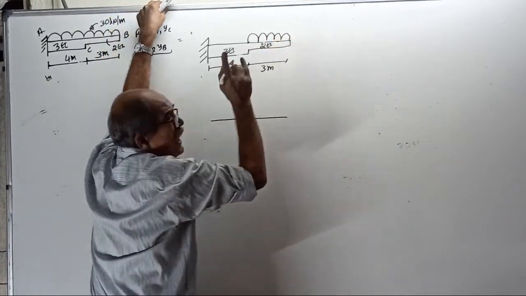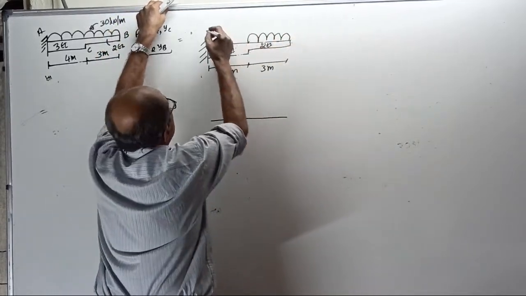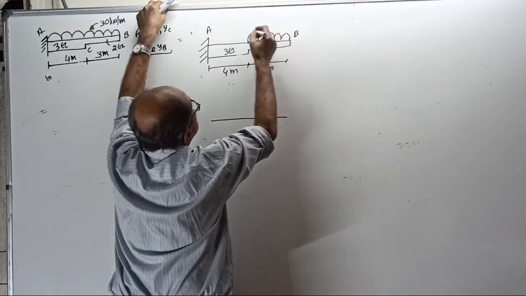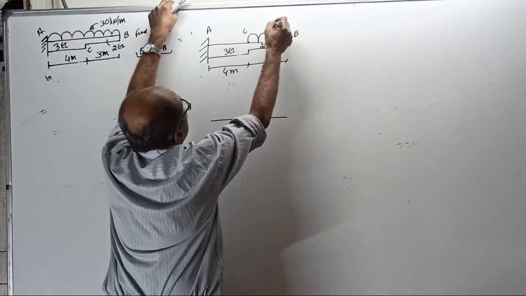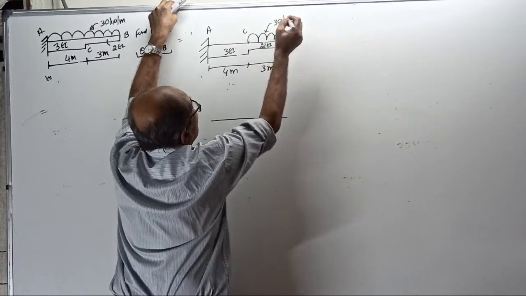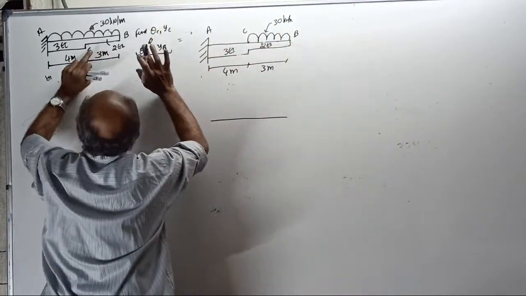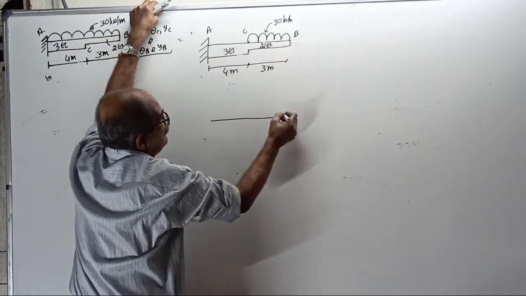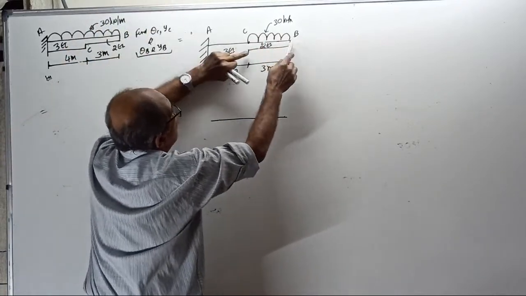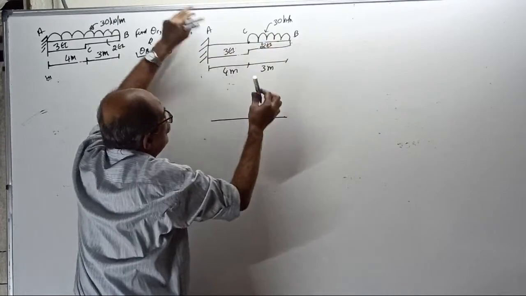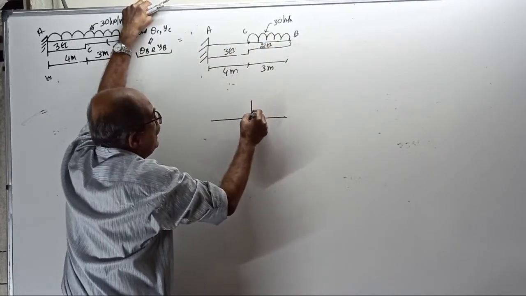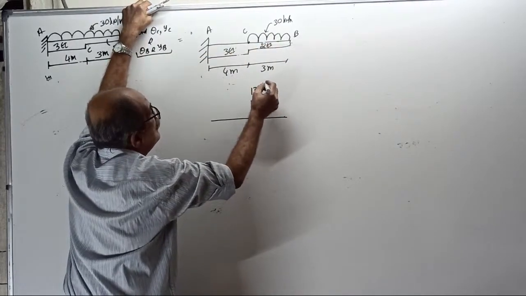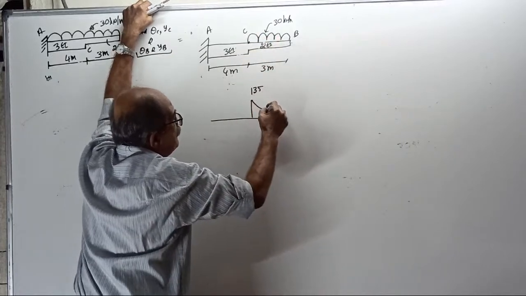Briefly I am telling, you should make notes: A, B, C, 30 kN/m, you should write all the notes because it is a shortcut. Apply only UDL from B to C. BM at B is 0. BM at C is 30 into 3 into 3 by 2, that will be 135, joined by a second degree parabola.